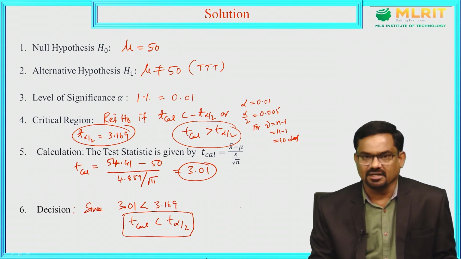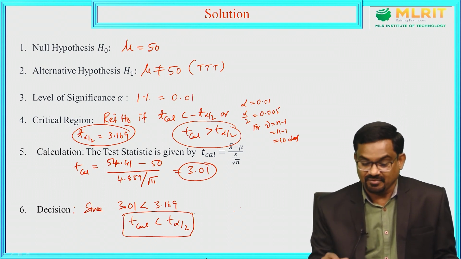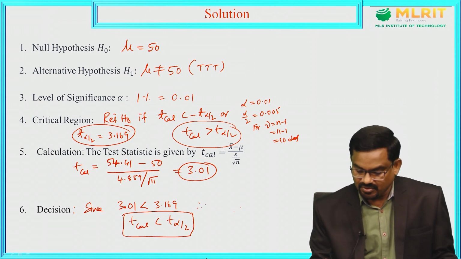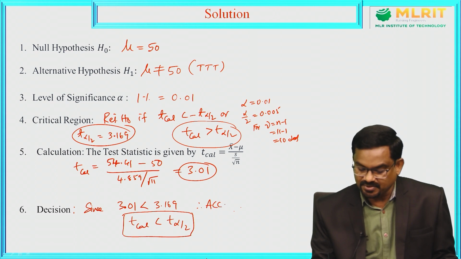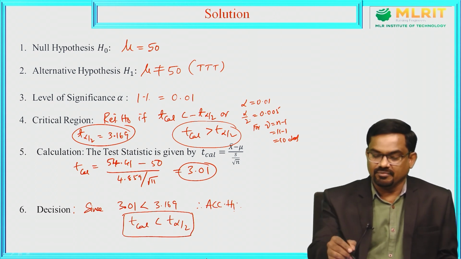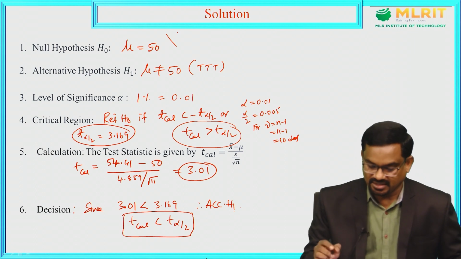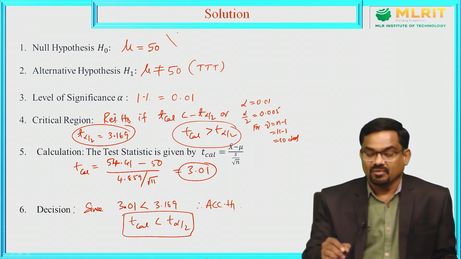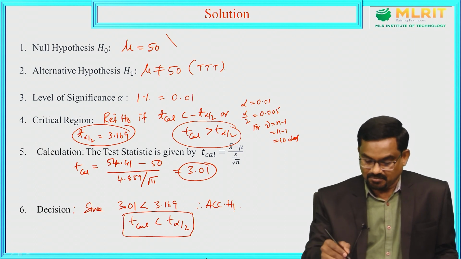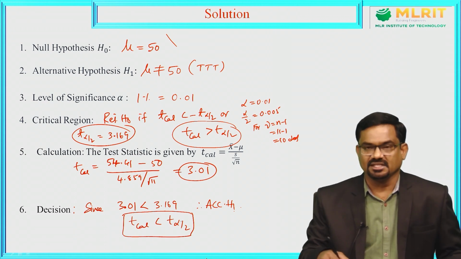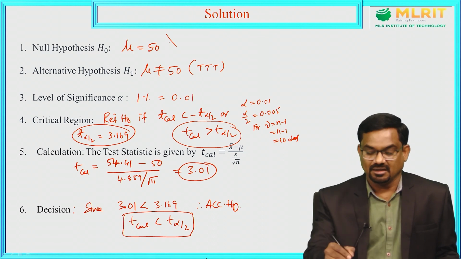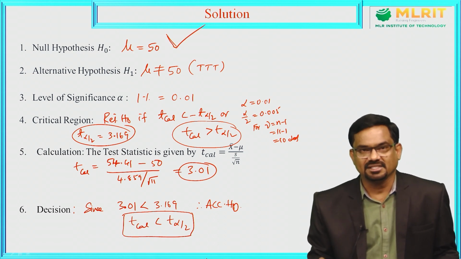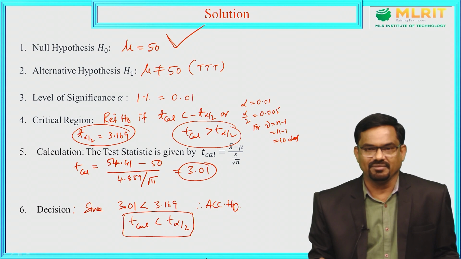Therefore we cannot reject the null hypothesis. If we are rejecting the null hypothesis, we have to accept the alternative hypothesis. But here T calculated is less than T alpha by 2, so we accept H naught. That means we cannot reject the null hypothesis. So we accept the null hypothesis that the mean life expectancy was 50 years in 1950.